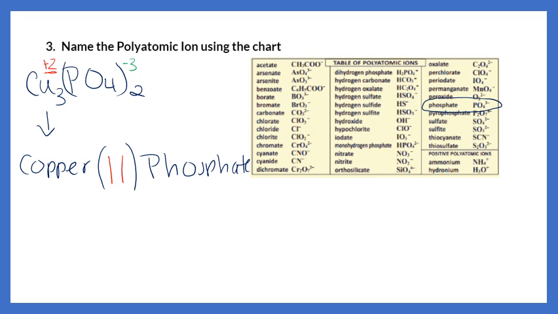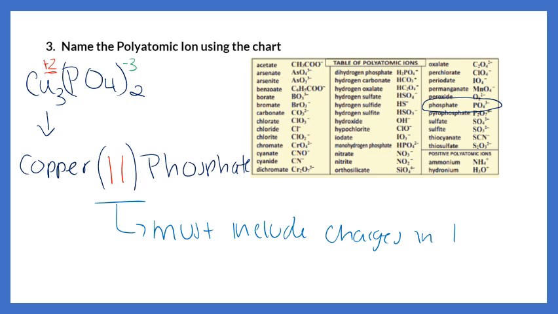So our compound is copper(II) phosphate, and you must include charges in the name. You must include charges in the name for transition metals because it can take 2 charges, so you need to know which charge it's actually taking.